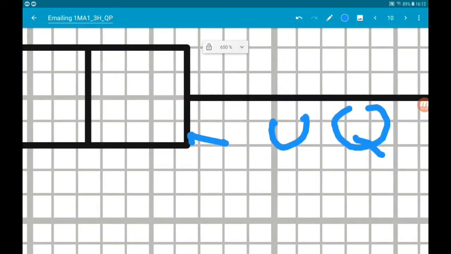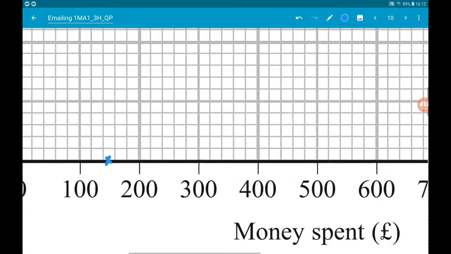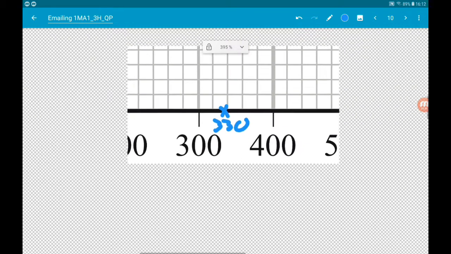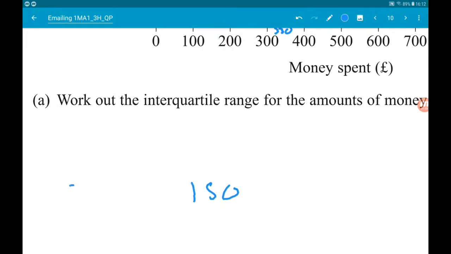So 1.5 in from 300, so that's 330. So the interquartile range is 330 minus 150, which is 180 pounds. Cool.